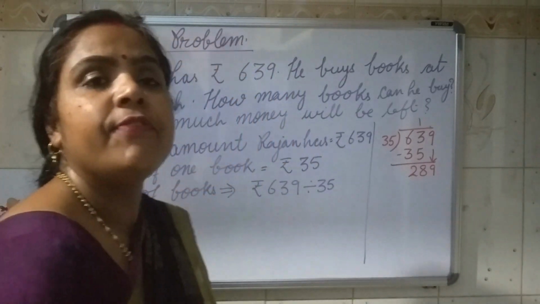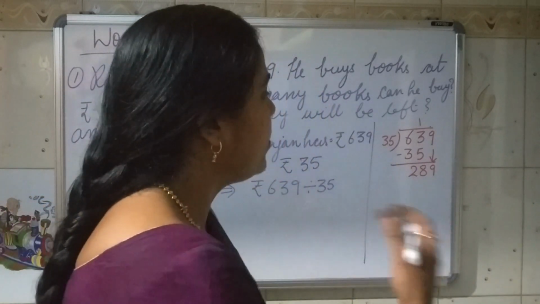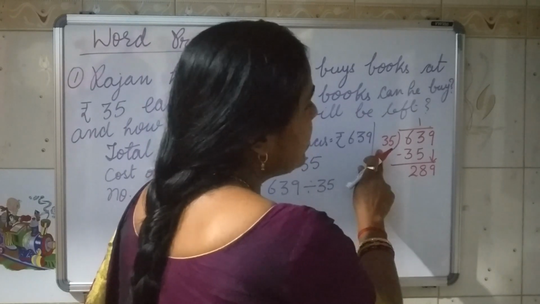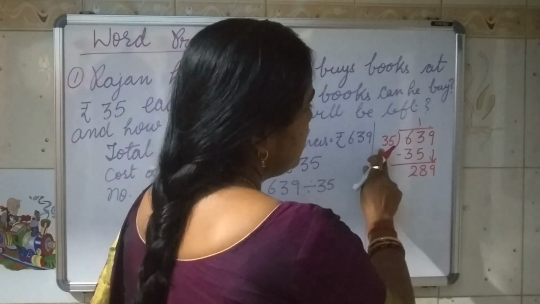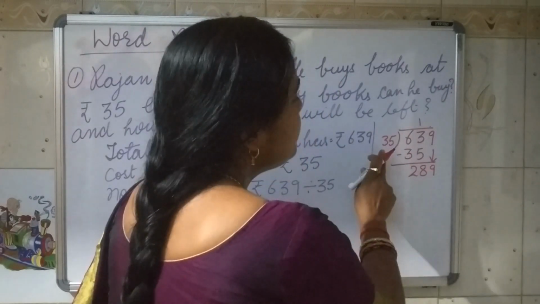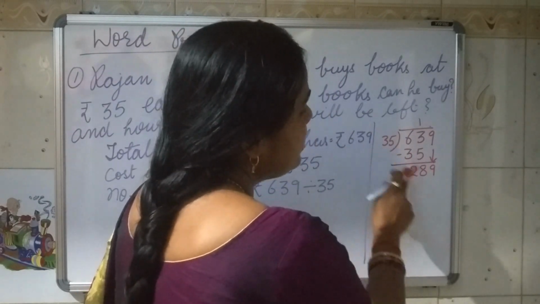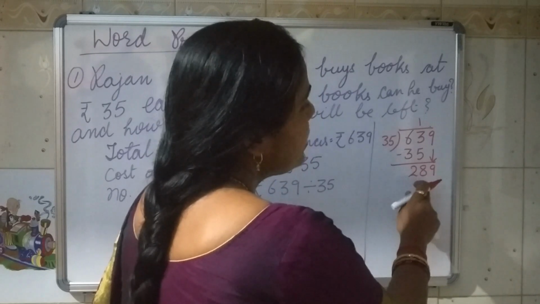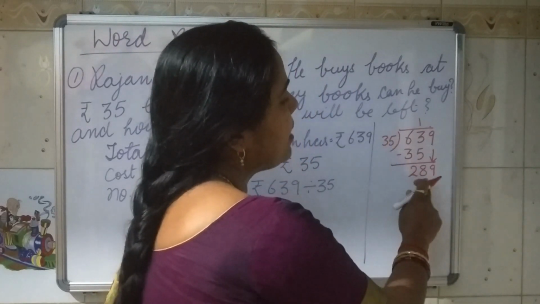Now the 35 table, if you don't know it, you have to go for the next. So 3 sevens are 21, 3 fours are 12, sorry, 3 nines are 27. So if 9 times it will go, then it will come more than 289.